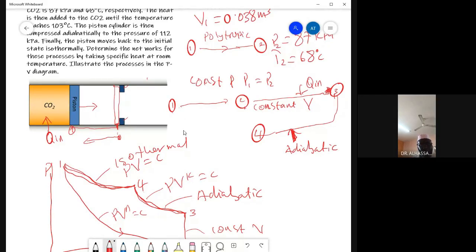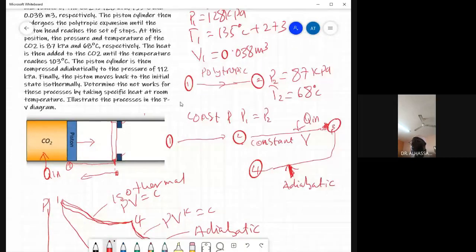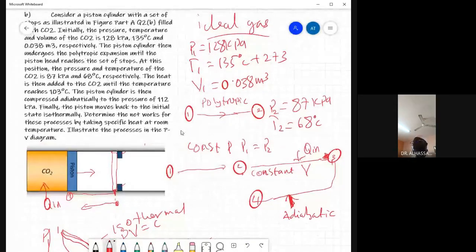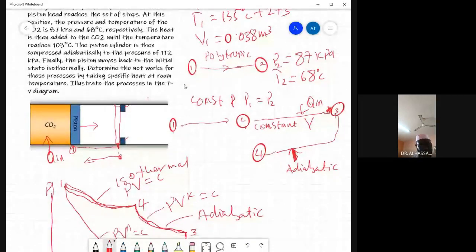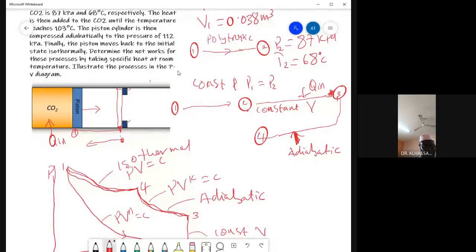V4 is not known, so we can determine V4 using this equation.